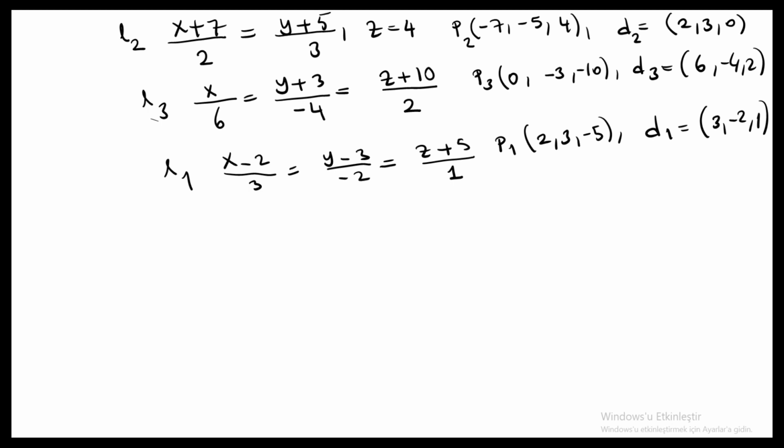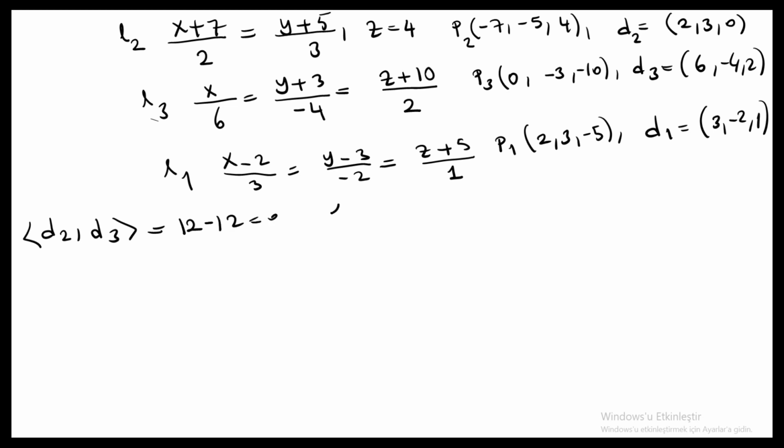So let me check. Let's look at D2 inner product D3. You see it's 12 minus 12, which is 0.